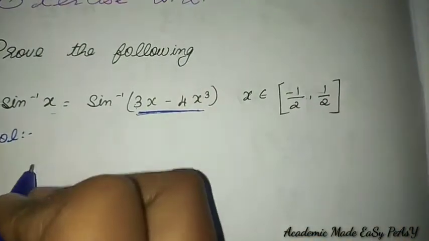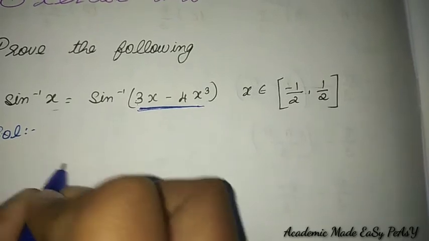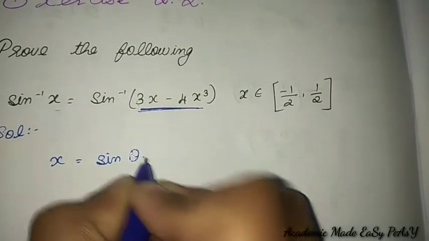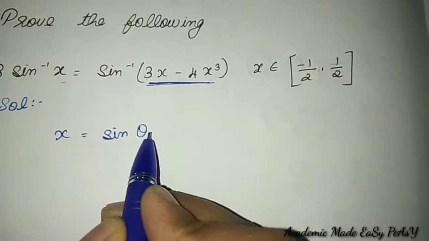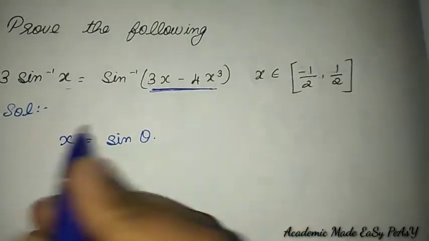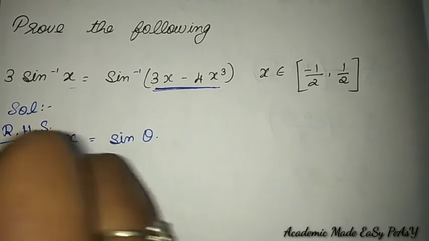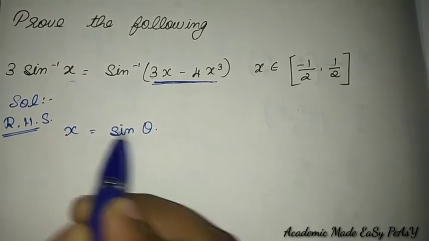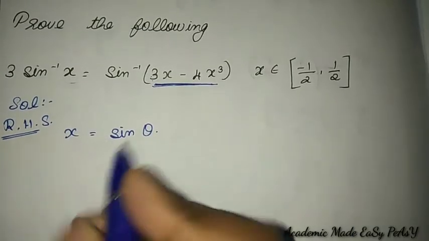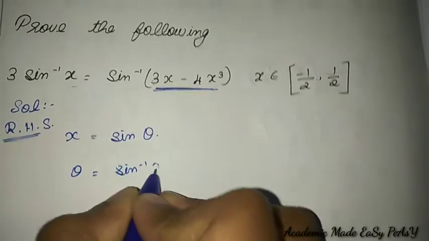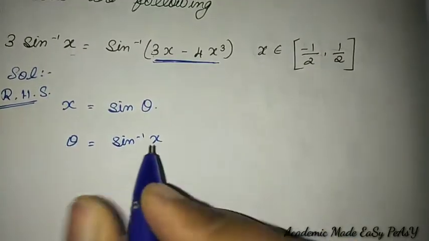Now let me say that x is equal to sin theta. Now I have to substitute the value of x as sin theta. So let me take only the RHS. Then my value of x will be sin theta, so my theta will be sin inverse x. I am writing this in the beginning itself.